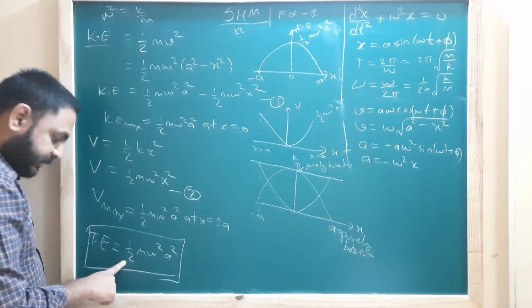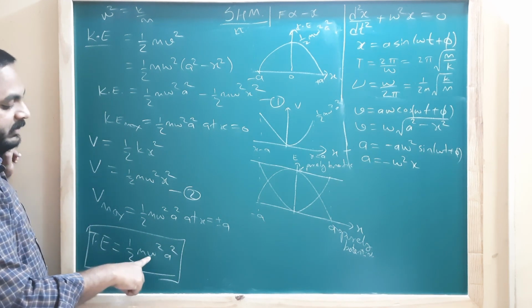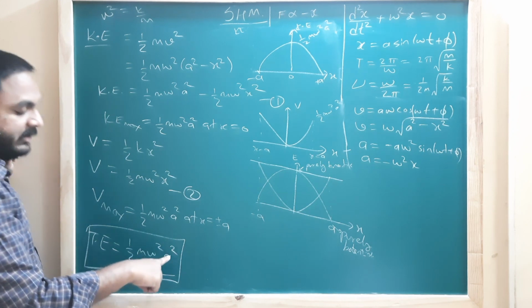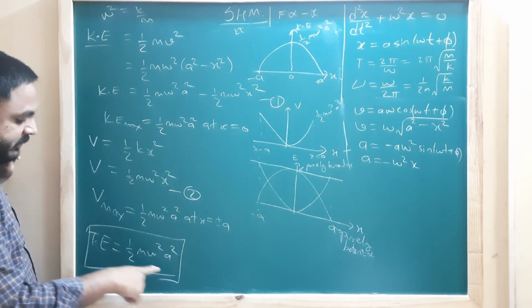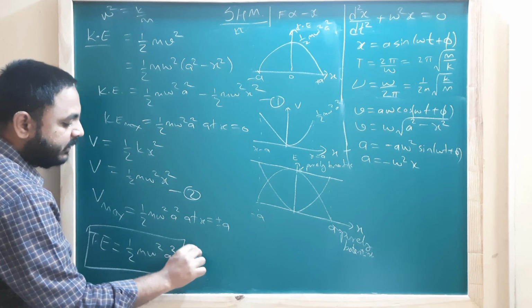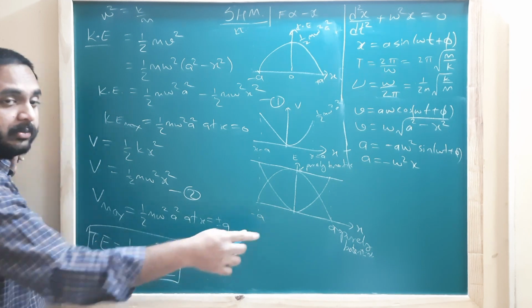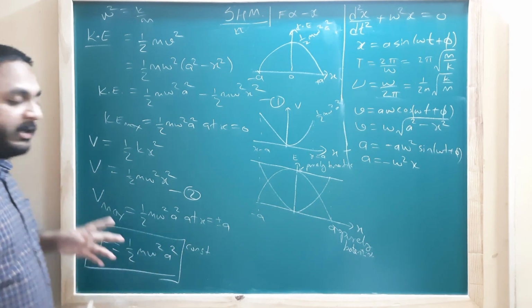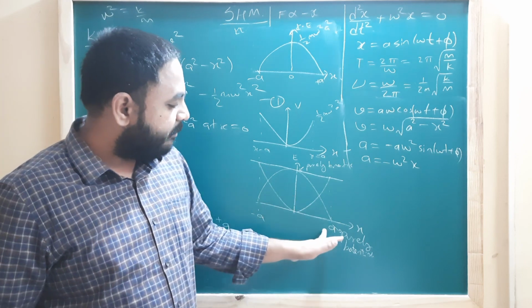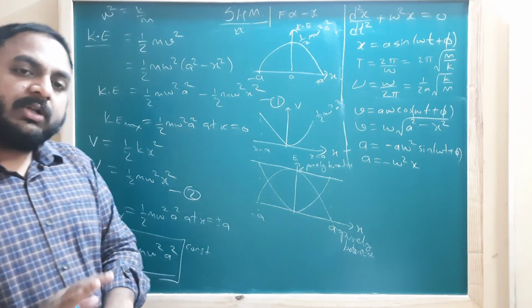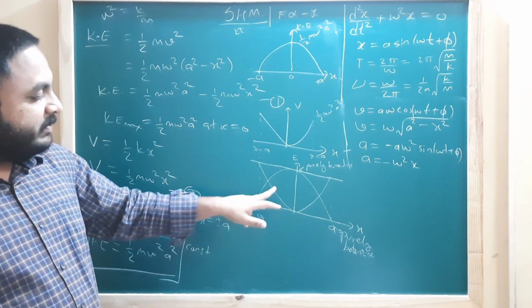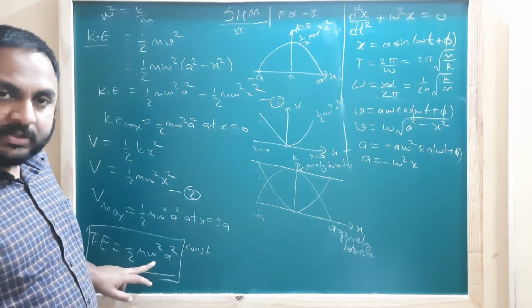Half is a number that is constant. Mass for a system is constant. Angular frequency is constant. This amplitude is constant. So the total energy remains constant throughout the motion. The total energy does not depend on displacement. Whether displacement is zero, or up to the amplitude, or somewhere in between, the total will remain constant. It will always be this much.